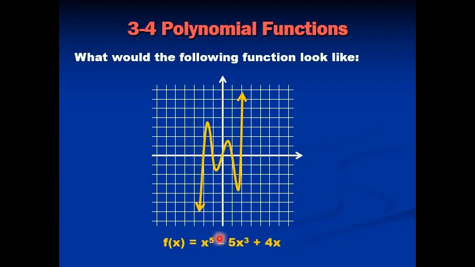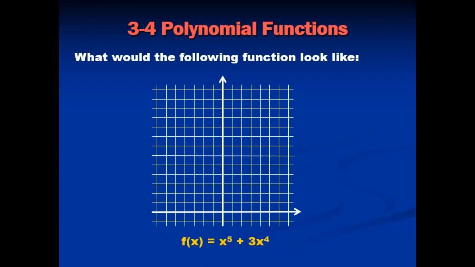The degree is odd, so the end behaviors are that they're going in opposite directions. As x goes to -infinity, y is going to -infinity. As x goes to positive infinity, y is going to positive infinity. That is the end behavior, and that's because the leading coefficient is positive.